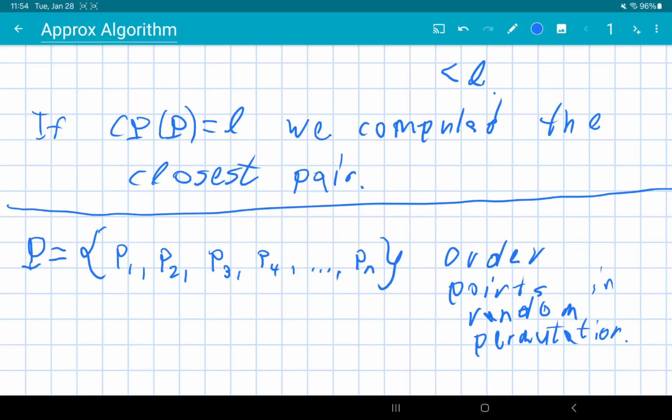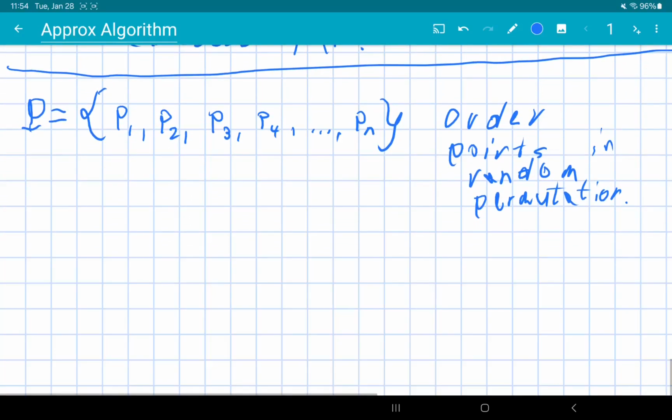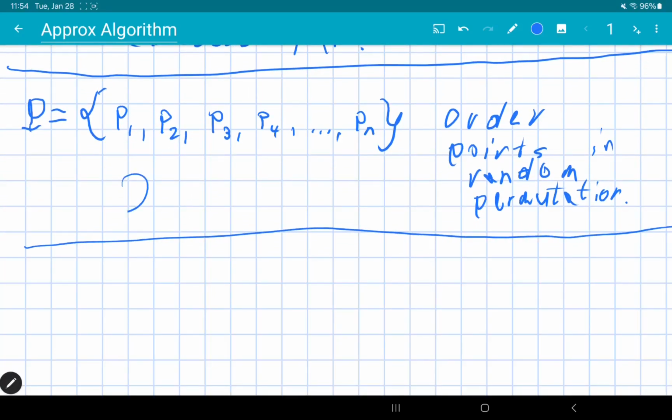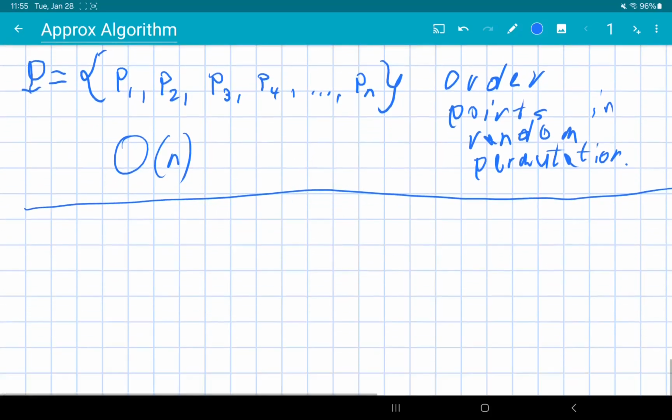So if you do this, in linear time, you compute a random permutation, and it's uniform. So that's going to take O(n) time, right? So computing a random permutation, we can do it for free, essentially. Okay, so we have a random permutation. But for the time being, let's not think about it as random, because that would kick in only in the last step.